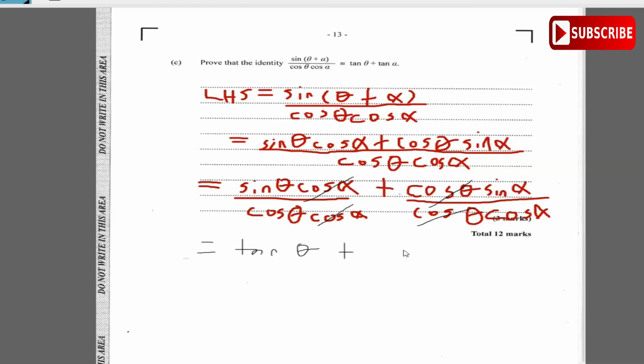So we get tan theta plus tan alpha, which is equivalent to our right-hand side. Nice and easy.